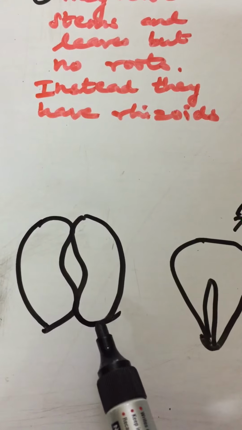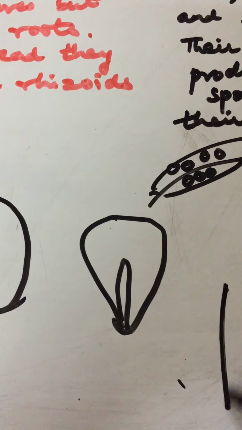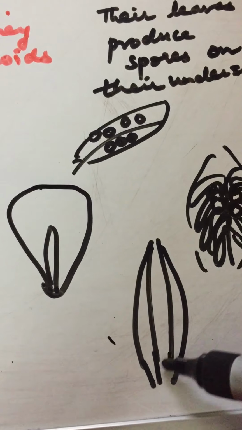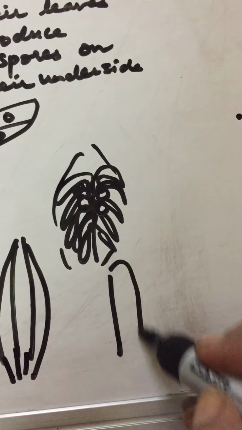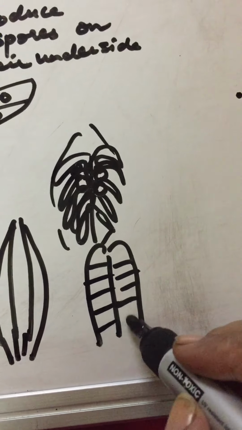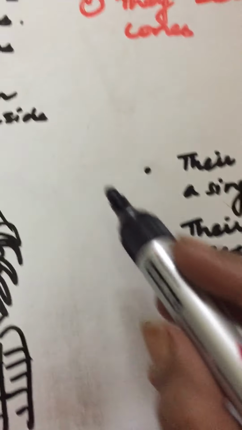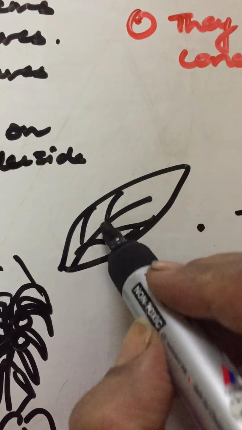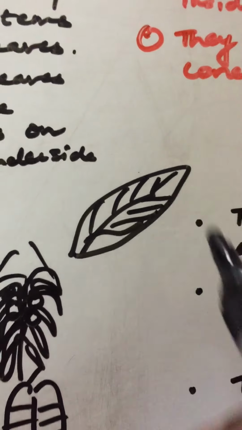Moreover, they differ in their venation. Monocots like grass or bamboo have a parallel venation in their leaves. Or in banana, the venation is like this. You have studied in class 6 about parallel venation. So monocots have a parallel venation, whereas dicots have a reticulate venation, like a net-like venation, like you see in China rose or rose.